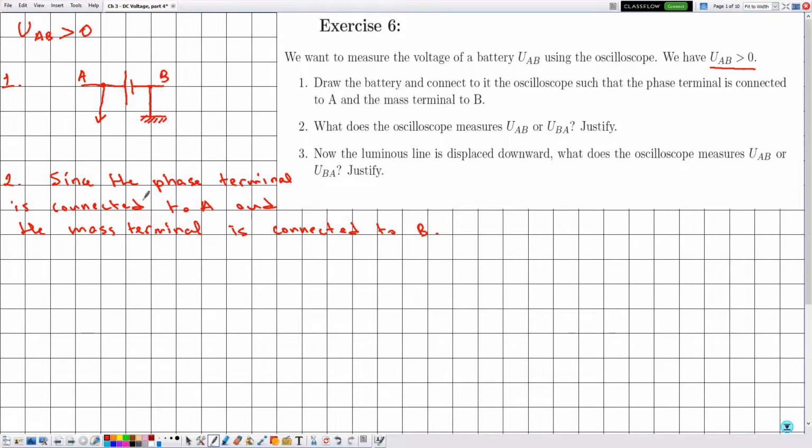We know that always the oscilloscope measures from the phase to the mass. Then the oscilloscope measures UAB. Notice that the oscilloscope can measure UAB or UBA, and this depends on the connection of the oscilloscope.